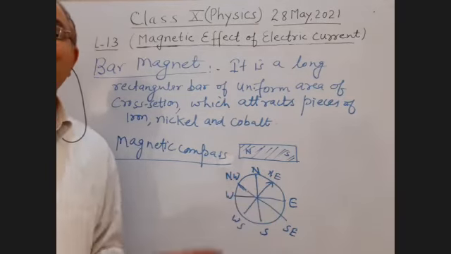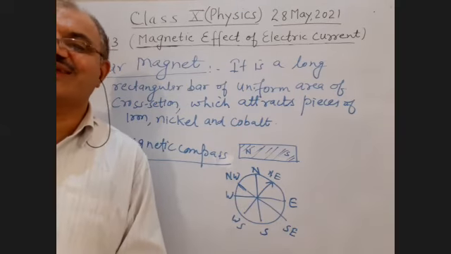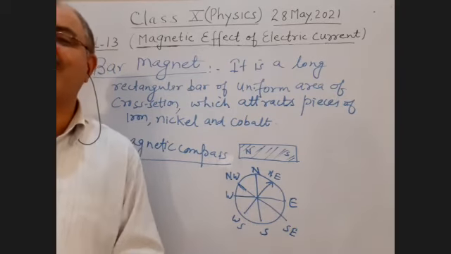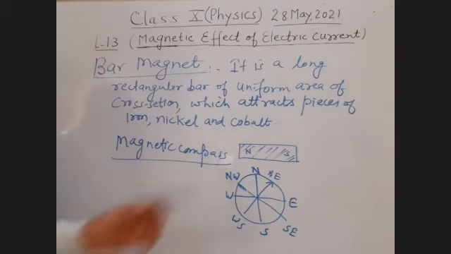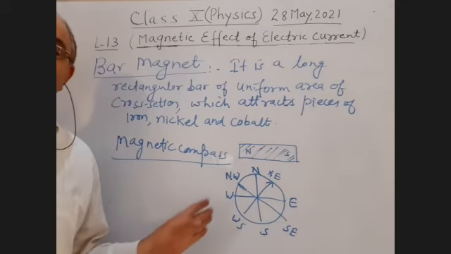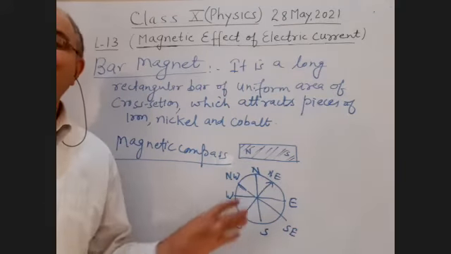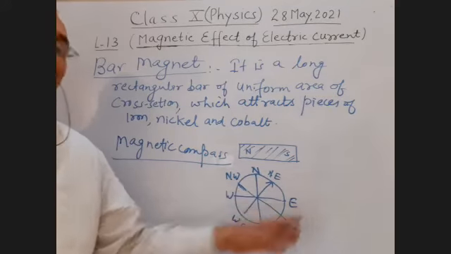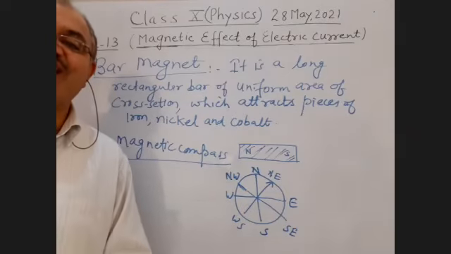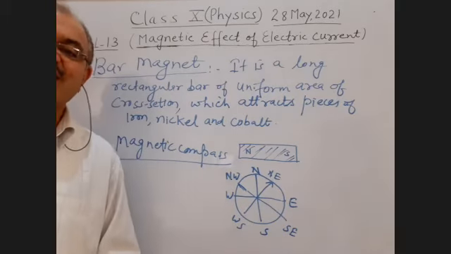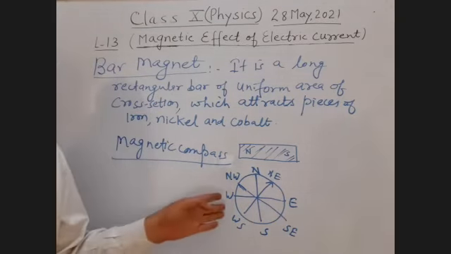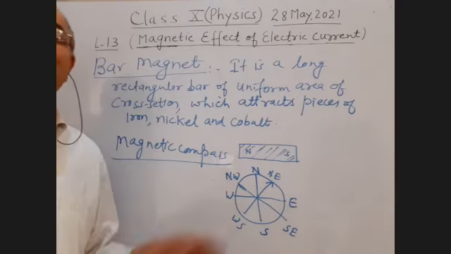So to locate the directions, we are using this magnetic compass. It will be very useful, student. Now, when we plot the magnetic field lines of force in the next topic, there we will use this magnetic compass.